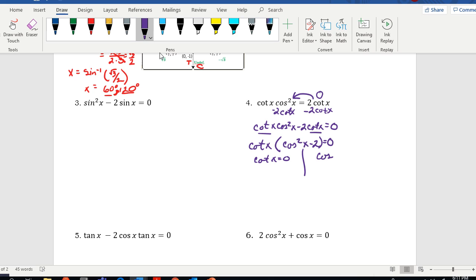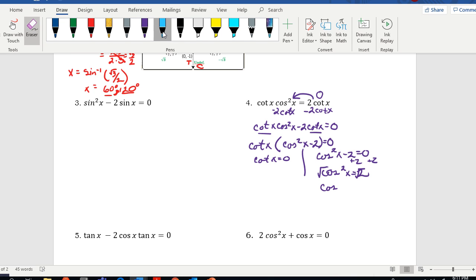All right, so what this is going to leave me is cotangent x equals 0 and cosine squared x minus 2 equals 0. Add 2 to both sides. Cosine squared x equals 2. Take the square root of both sides. Wow, this is using one of the things we just did the other day. Oops, the squared is gone.